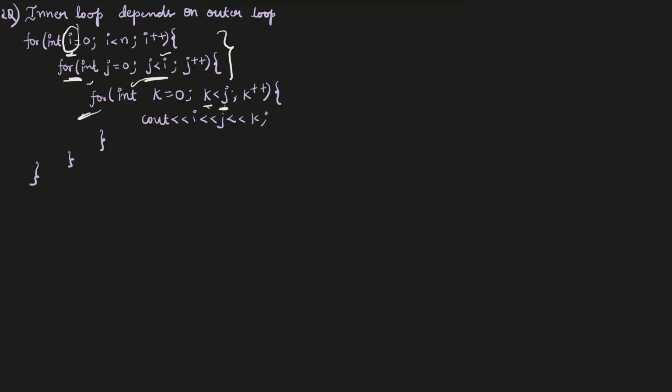Now let's see how we start. The first rule is writing i, j, k, all the variables of the different for loops. Now i goes from 0 to n minus 1, so it is 0, 1, 2, 3, and so on up to n minus 1. The value of j goes from 0 to j less than i. When you put j less than 0, because the first value of i is 0, it doesn't run. When you put j less than 1, only j equal to 0 runs.